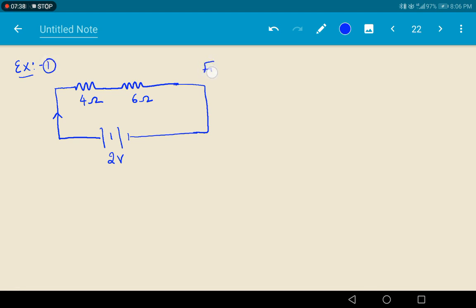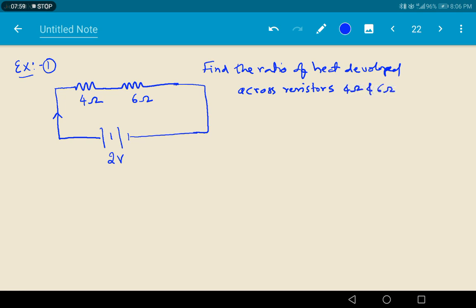The question is: find the ratio of heat developed across the 4 ohm and 6 ohm resistors due to passage of current for 2 minutes.